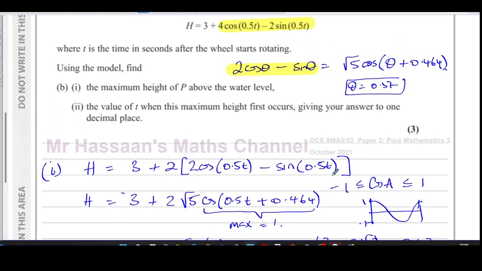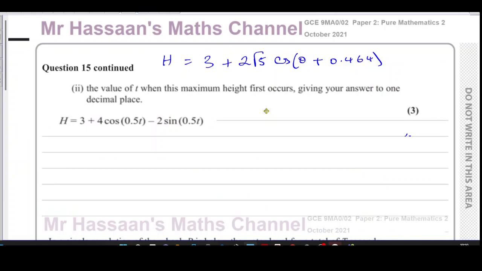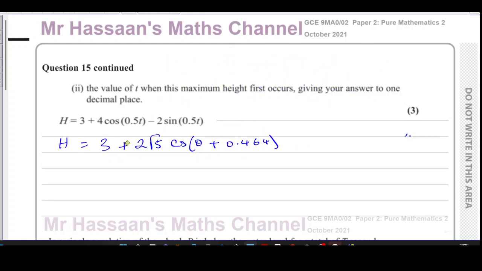Now I'm going on to B part 2, and I think I'll need this part here, so I'll take that across. B part 2 says, find the value of t when this maximum height first occurs, giving your answer to 1 decimal place. The maximum height occurs when this part is equal to 1.